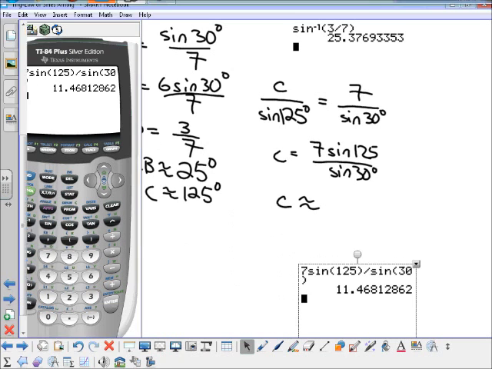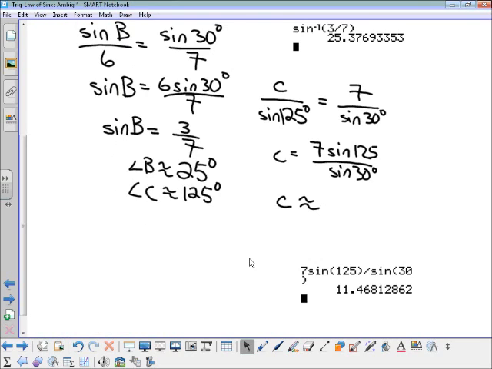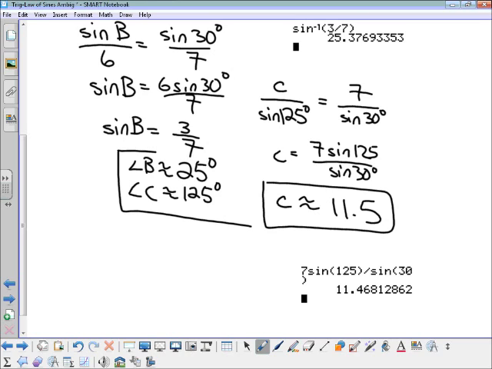Again, notice this time we are rounding to the tenth because little c is a side. Okay, so there's my three answers.